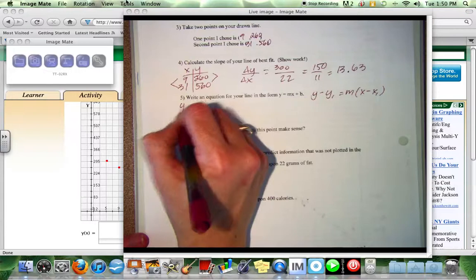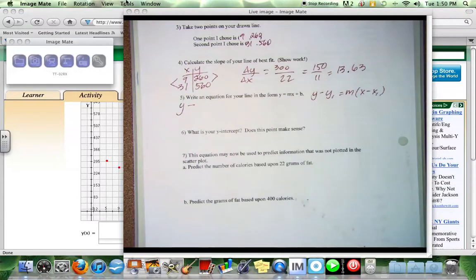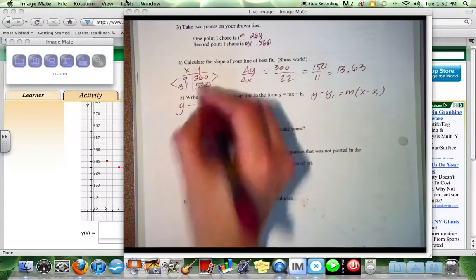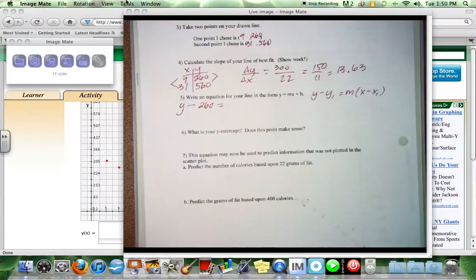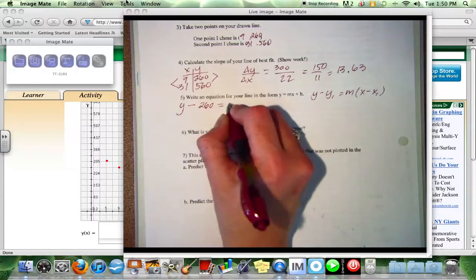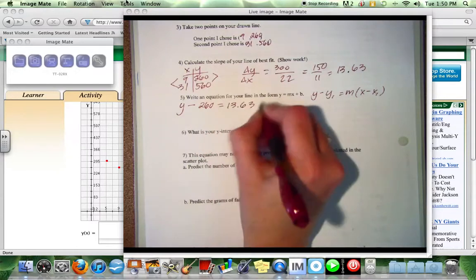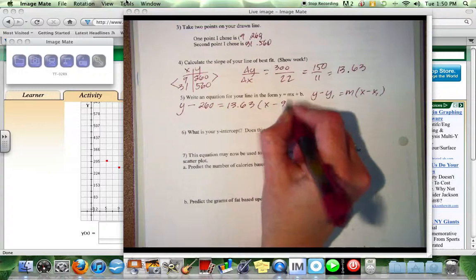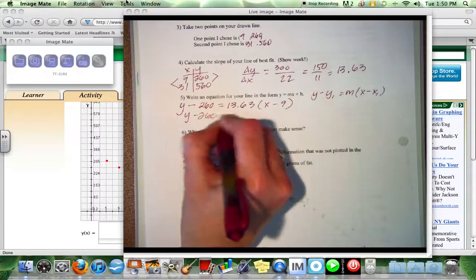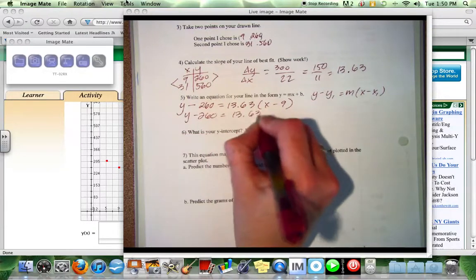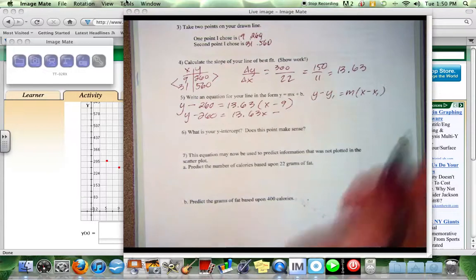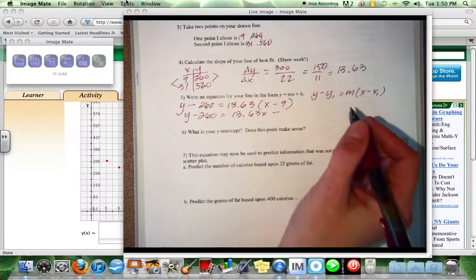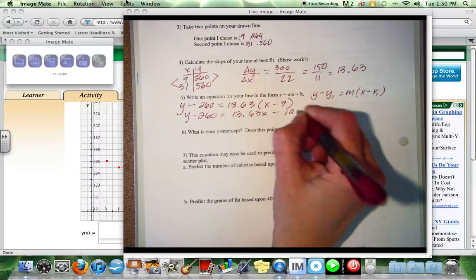So if I use point slope, I need y minus, what's my y1 value? Y minus 260 equals 13.63 times x minus 9. So y minus 260 equals 13.63x minus 122 plus 67.